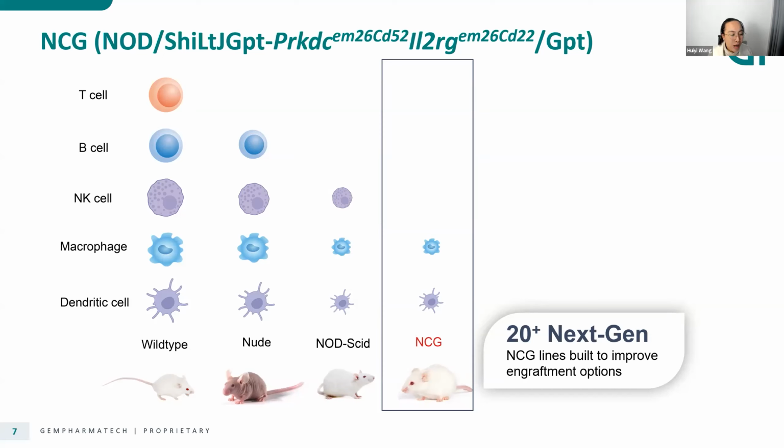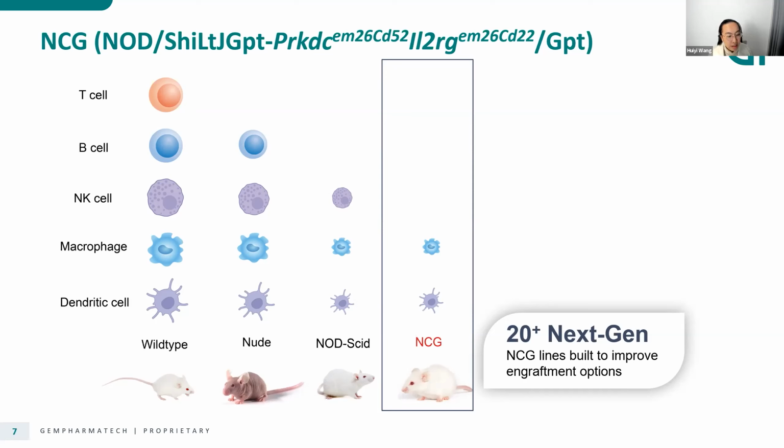Compared to wild-type mice, the nude mouse has a deletion of the FOXN1 gene, which leads to deficient T cells, but relatively normal B cells, NK cells, macrophages, and dendritic cells.